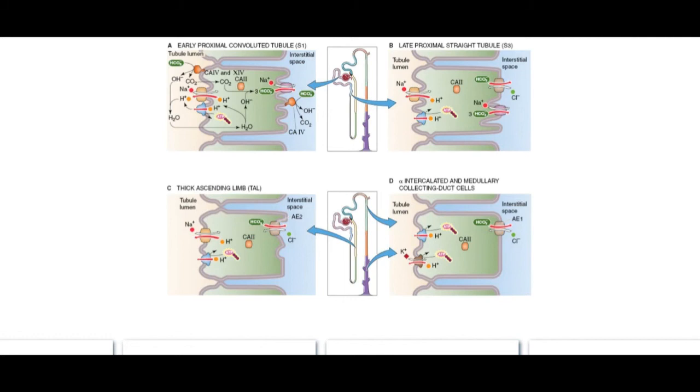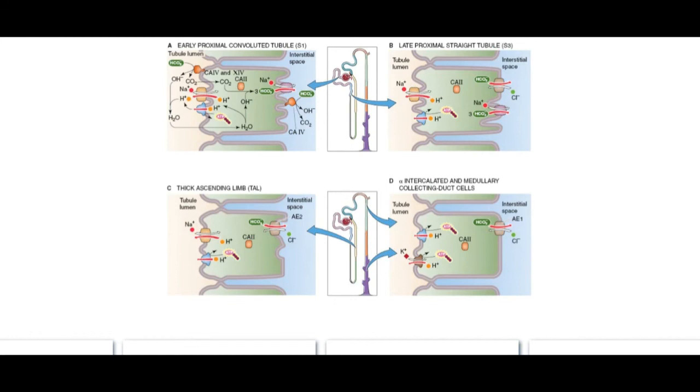But if you had acetazolamide, which blocks that carbonic anhydrase 4, the initial conversion no longer takes place, and bicarb itself can't get into the cell in that proximal tubule. If it can't get into the cell, then it stays in the lumen, and it contributes to the basic part of the pH of the lumen.